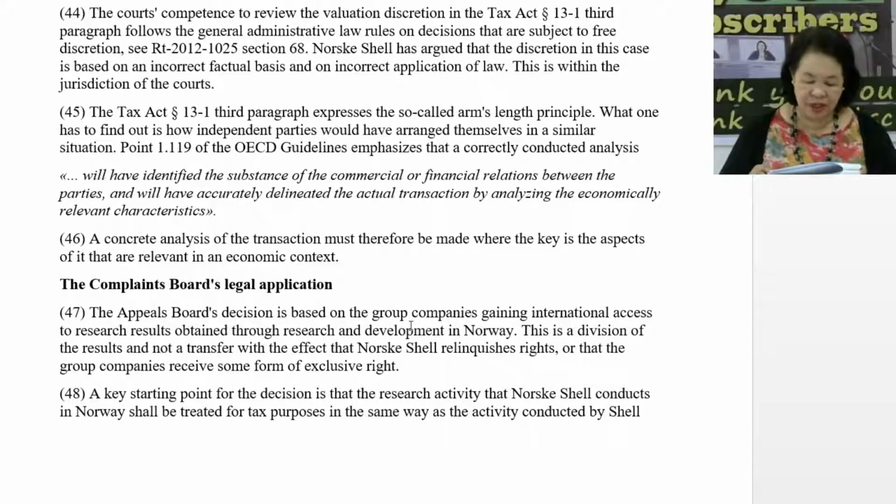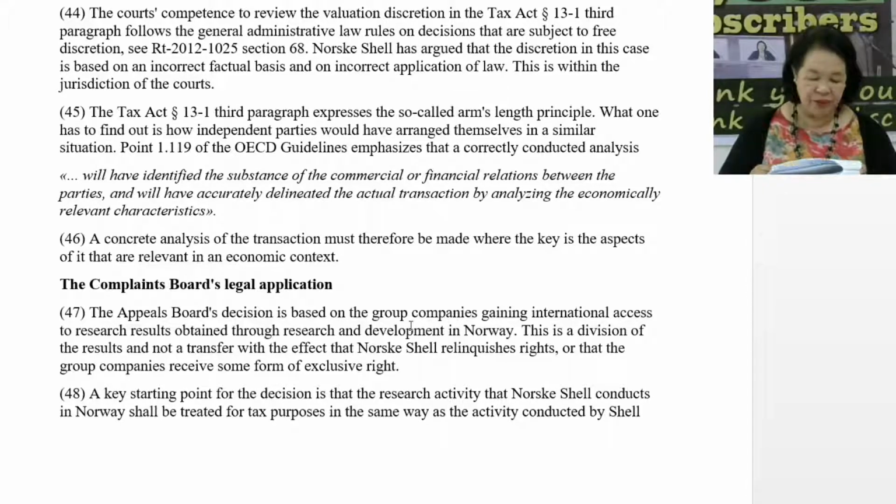Okay, Norske Shell has argued that the discretion in this case is based on an incorrect factual basis and on incorrect application of law. No? So yun ang argument ng Shell. This is within the jurisdiction of the courts. So the Tax Act Section 13-1, third paragraph, expresses the so-called arm's length principle.